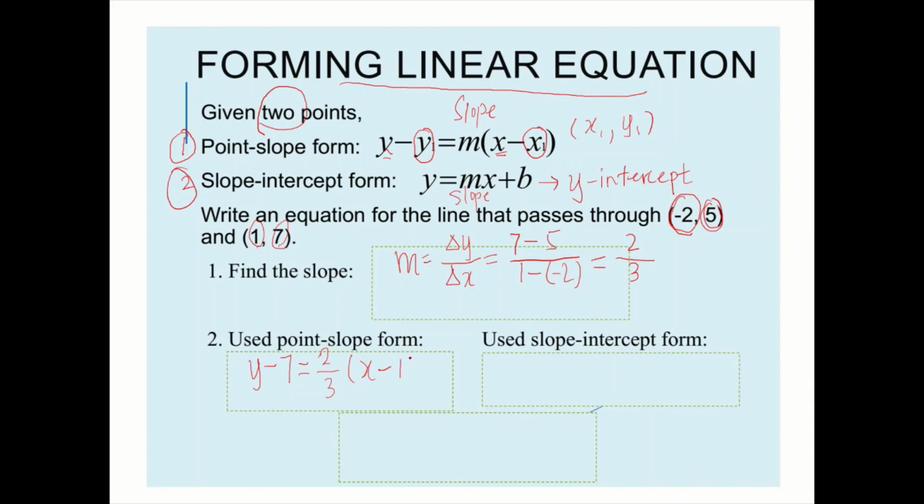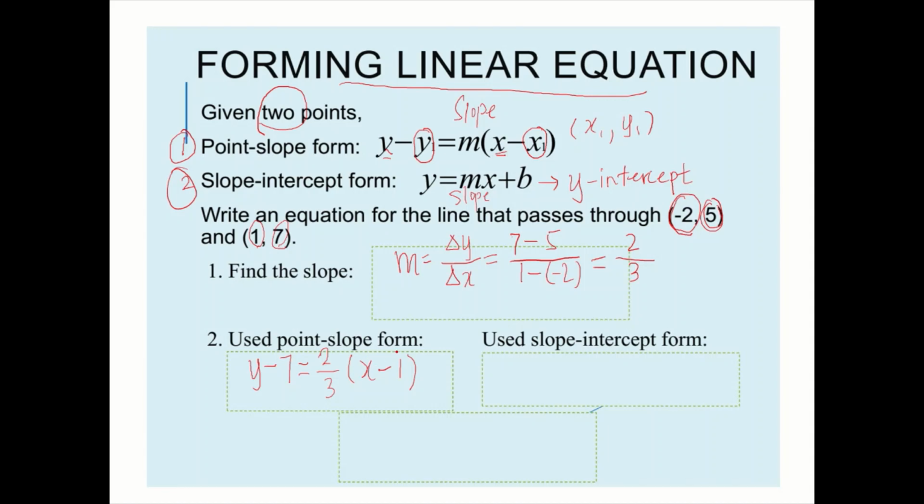The coordinate of x is 1. Now I have the linear equation in the form of point-slope form. So y minus 7 equals m, 2 over 3, bracket x minus 1. So this is the point-slope form.